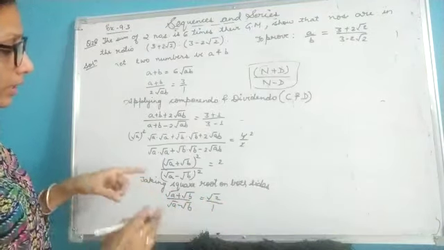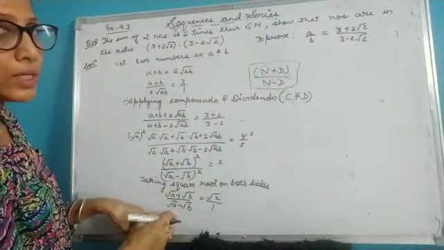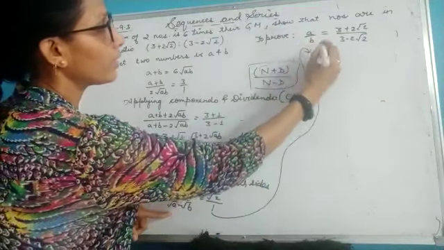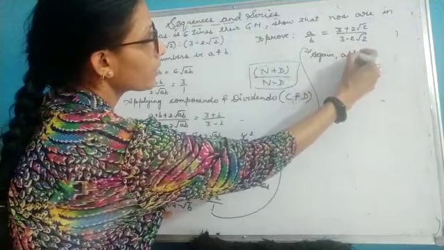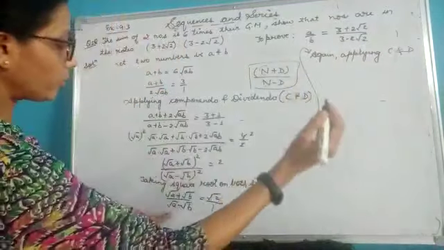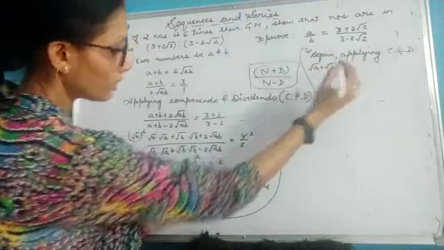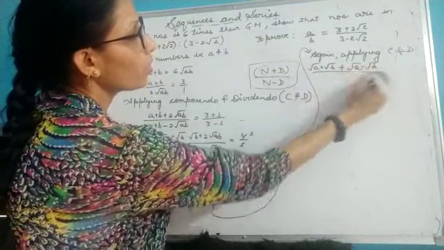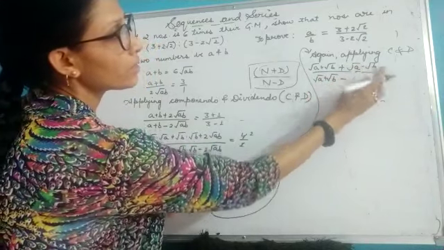Simply I can write. Now children, I want here A by B. So to convert into A by B, I will again apply my componendo and dividendo. Applying componendo and dividendo, I will be getting root A plus root B, numerator plus denominator, whole upon numerator minus denominator.